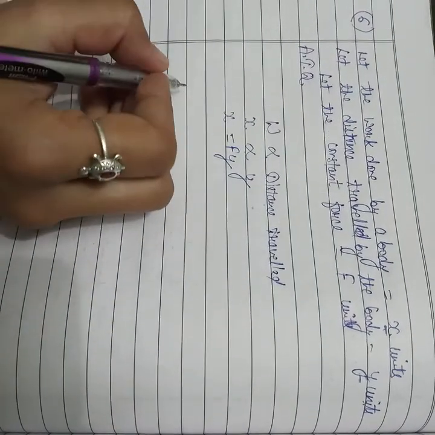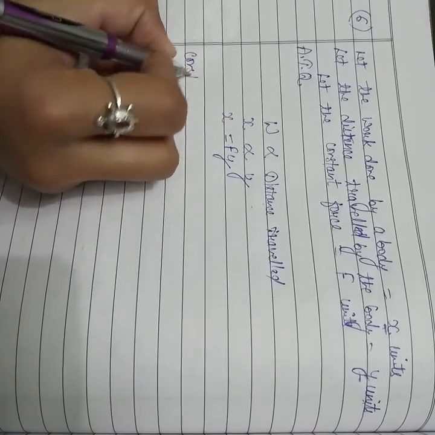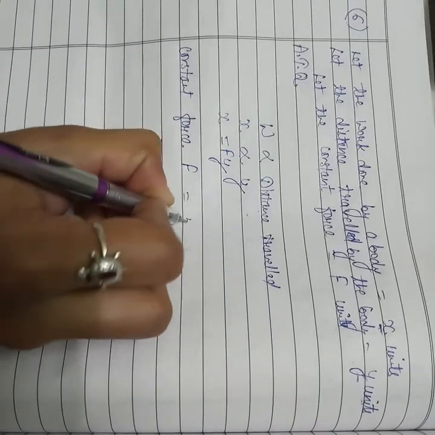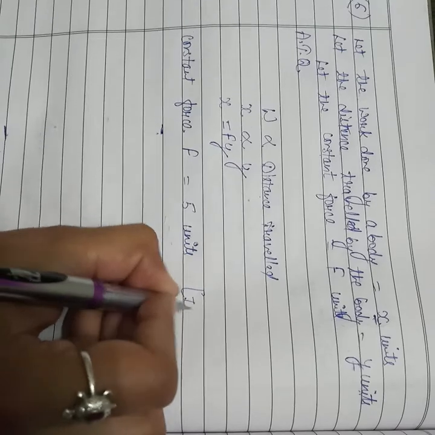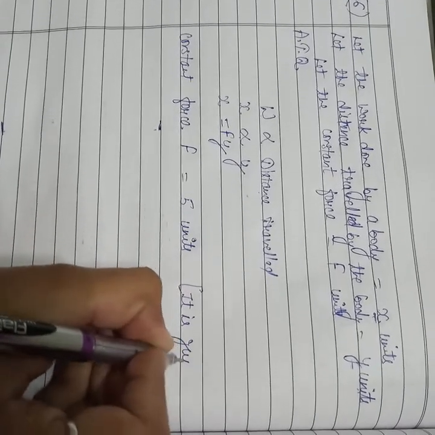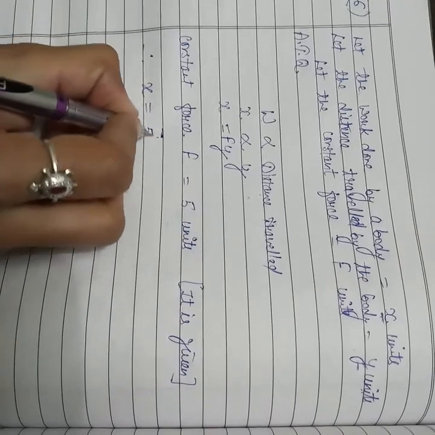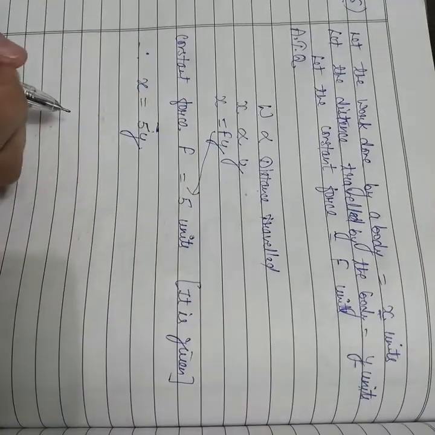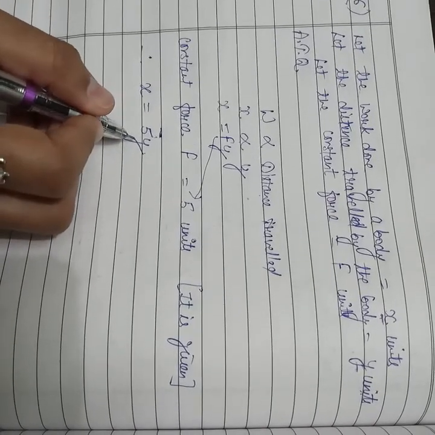Now it is given that the constant force F equals 5 unit. So x equals 5 into y, because F equals 5 units. Now we have to make a graph of this equation.